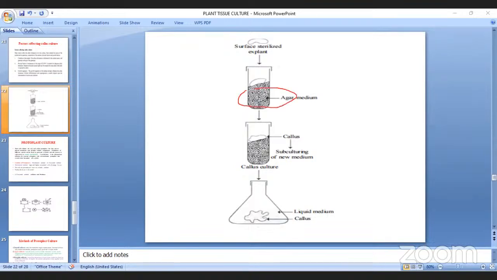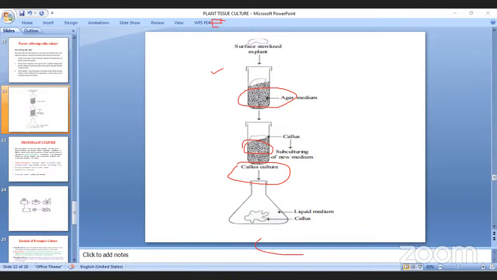After preparation of agar media, the explant is transferred into the media, and next incubated. After incubation, callus is formed. After formation of callus, subculturing of the callus into new media.